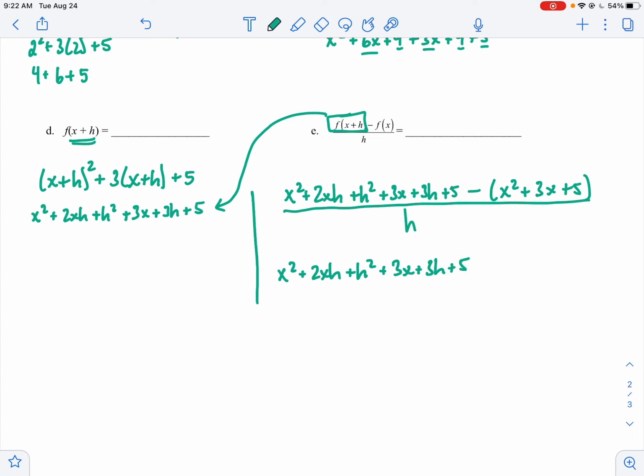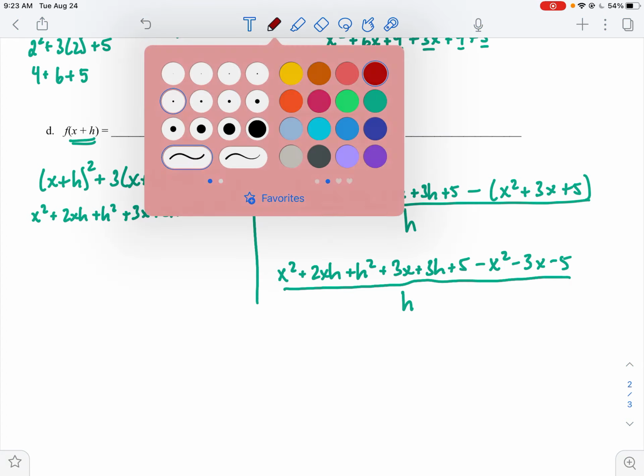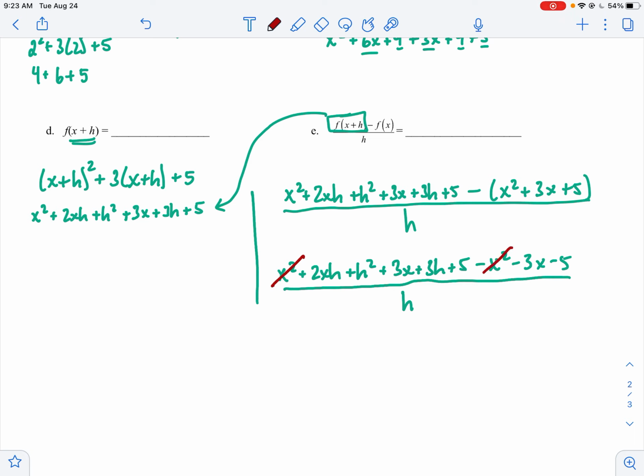When I distribute that negative, I get negative x squared minus 3x minus 5 all over h. And then a lot of stuff's going to cancel out for me here, right? So those x squareds cancel, my 3x's cancel, my 5's cancel.